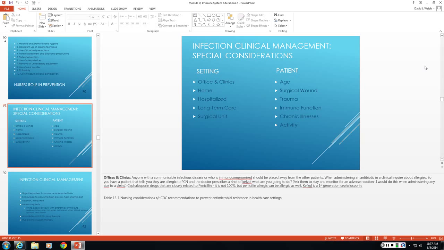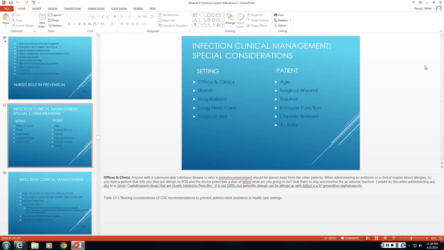So, some special considerations. You have to look at your setting. So, if it's an office or a clinic, anybody with a communicable infectious disease or who is immunocompromised should be placed away from other patients.